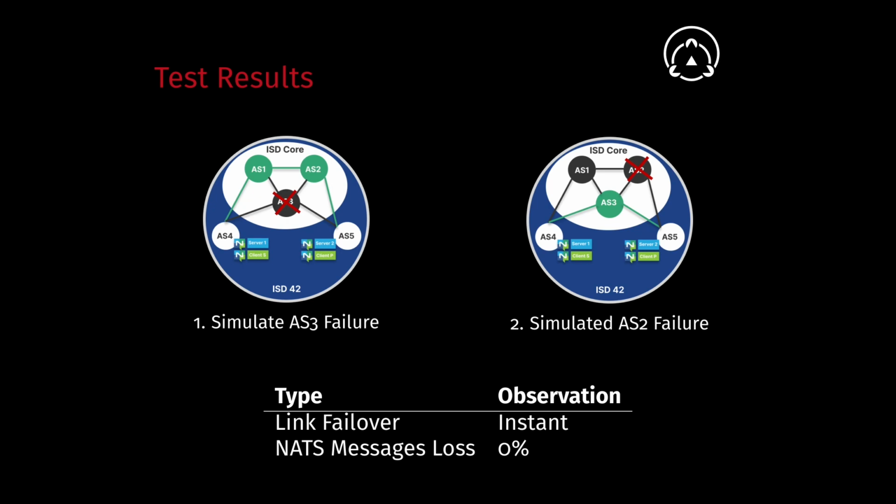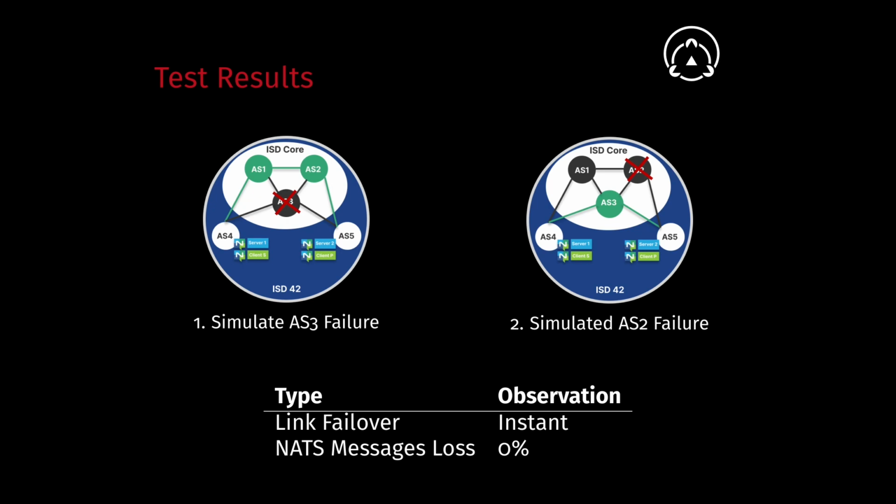I don't know if that's a limitation of the way I've implemented the listener, so it's not going to reevaluate certain things, but it seems to be sticky. Once the AS3 failure happens and I bring AS3 back up, it stays with AS1 and 2. At least for the time I tested, I didn't see it detect that and fall back.